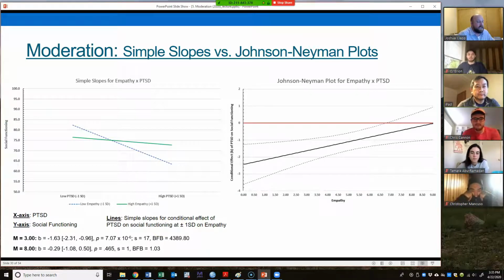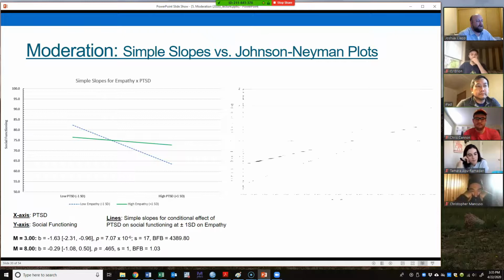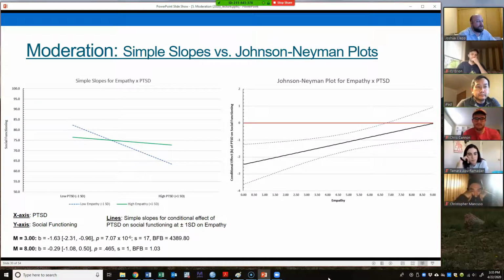What we could do instead is create a Johnson-Neyman plot, where we go through and take these values and plot them out along with corresponding confidence intervals. On the x-axis is your moderator, empathy.